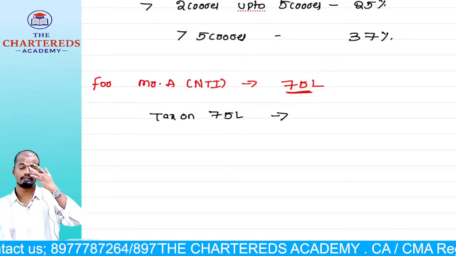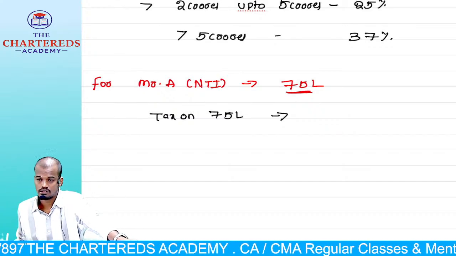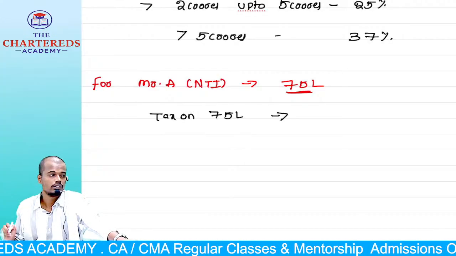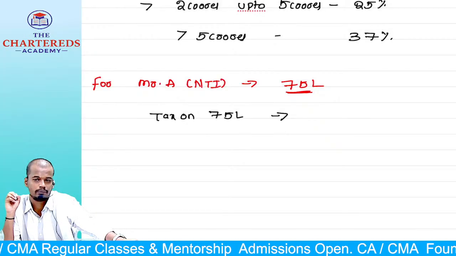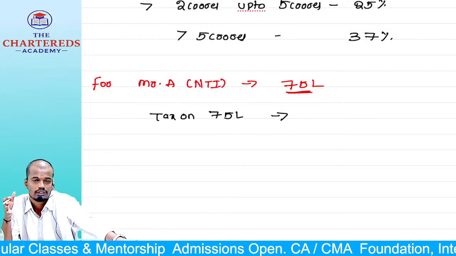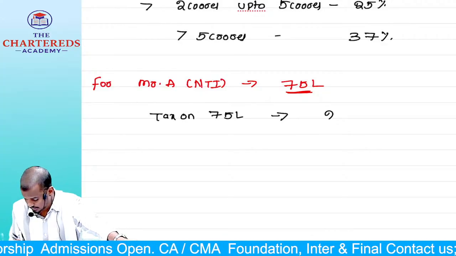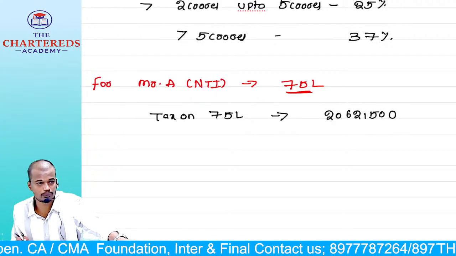Tax on 75 lakhs is 1,12,500 plus 30% on 65 lakhs, which is 20 lakh. This is the tax. Any doubt on this point?